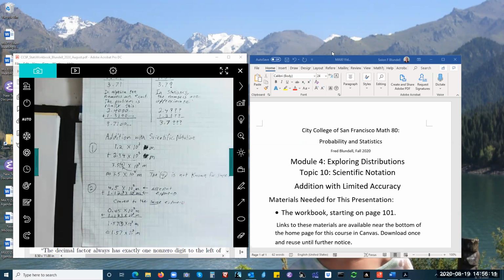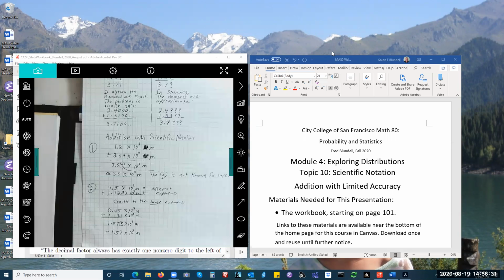And the 1.123, that has a different exponent. That's times 10 to the third meters. So before I add those together, I have to get the units the same. You see, right now I'm adding hectometers plus kilometers, but I need to make it all kilometers.